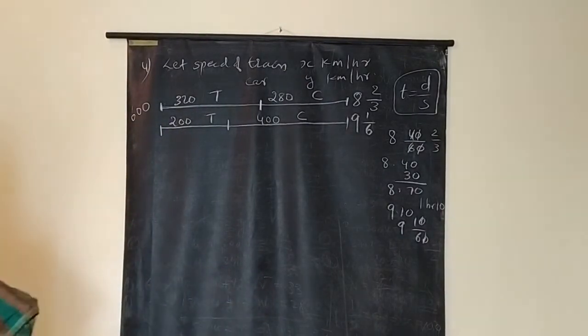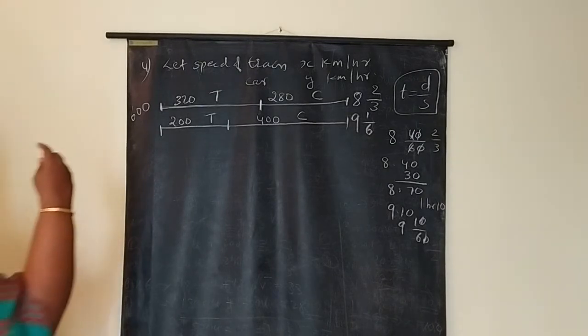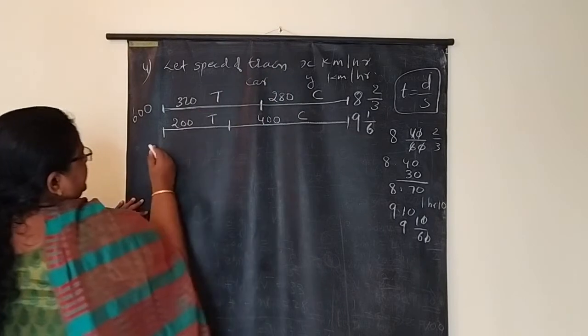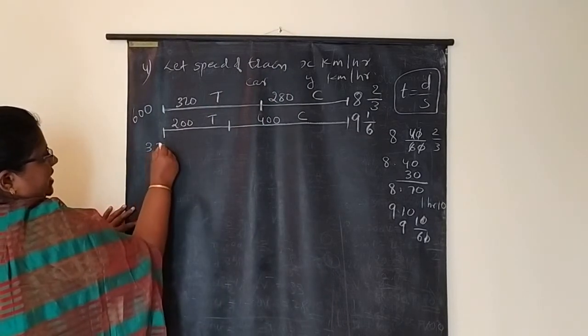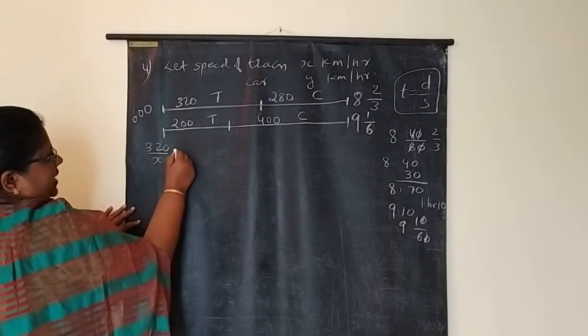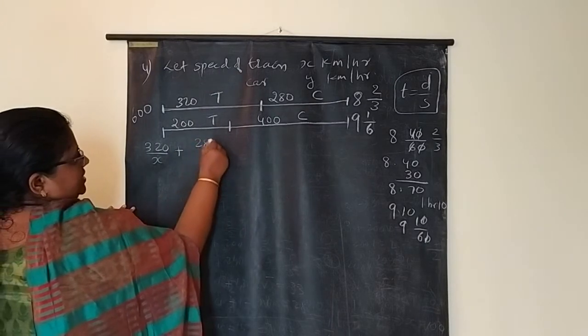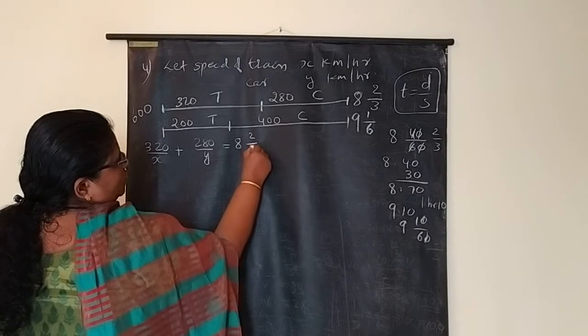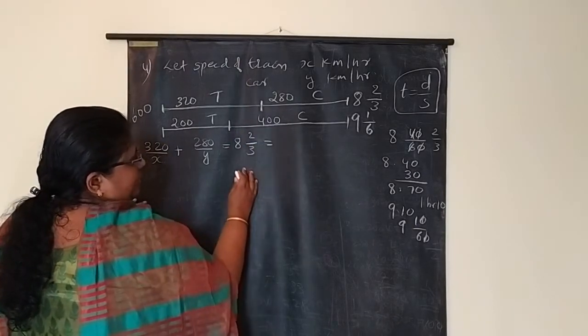Now you have to form the equation. What is the first case? See, distance is 320, speed is x. So by the first case, 320 by x plus 280 by y is equal to 8 and 2 by 3. What is meant by 8 and 2 by 3?